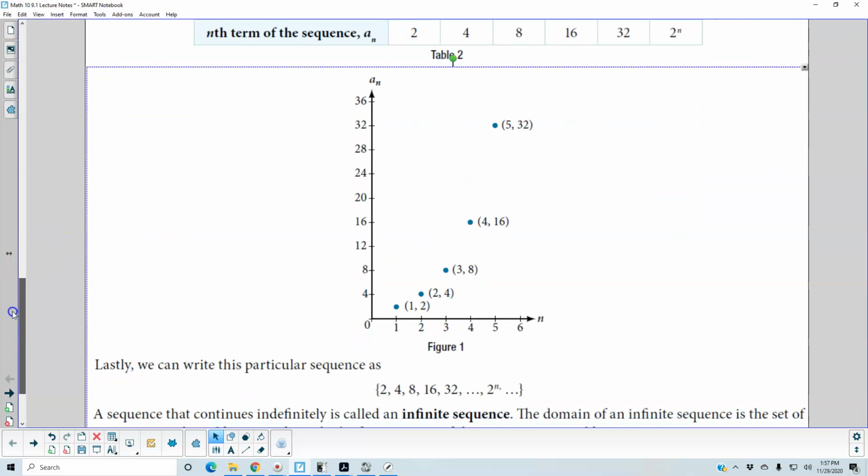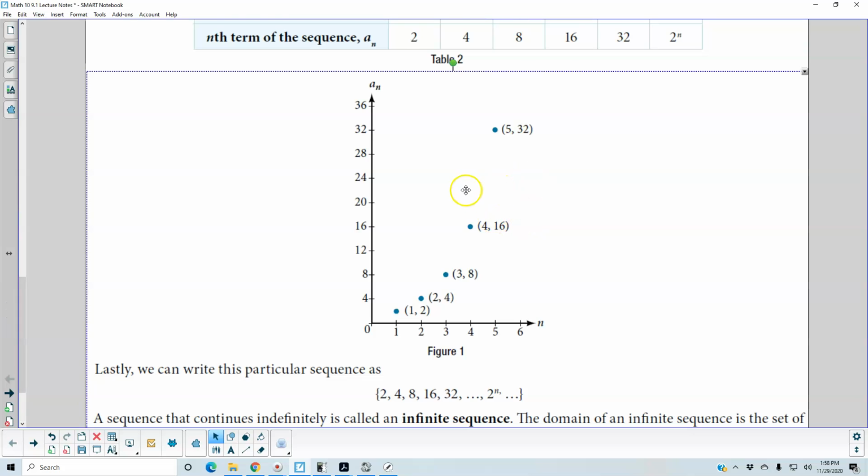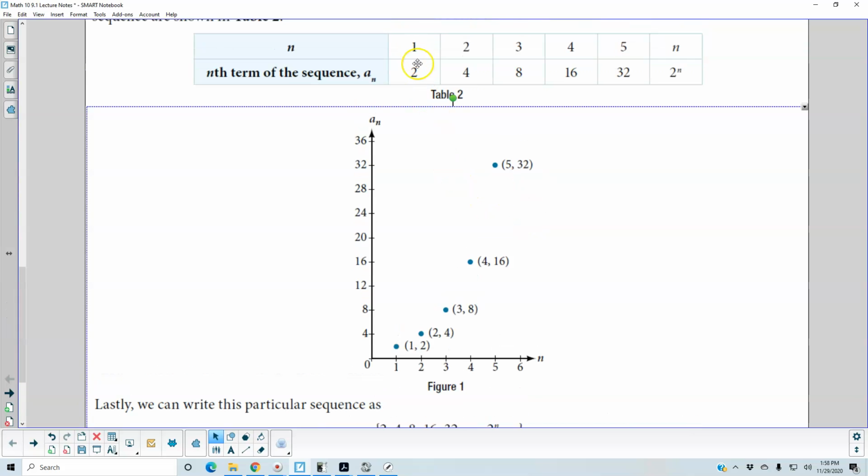Now, we can also graph this. When we graph the table, we have ordered pairs. Here we have 1 and then 2. There's the ordered pair. The second one is 2, 4. The third one is 3, 8. We have 4, 16, and then 5, 32. So you can see what's happening if we connected these dots.